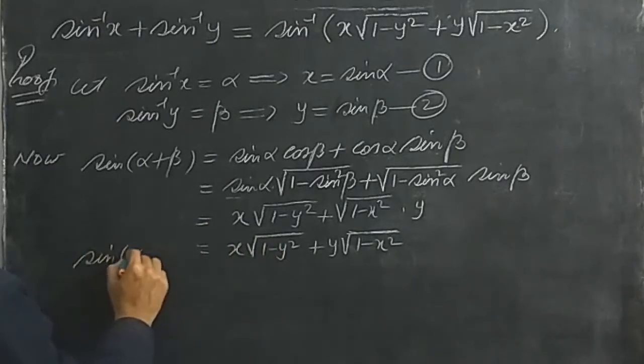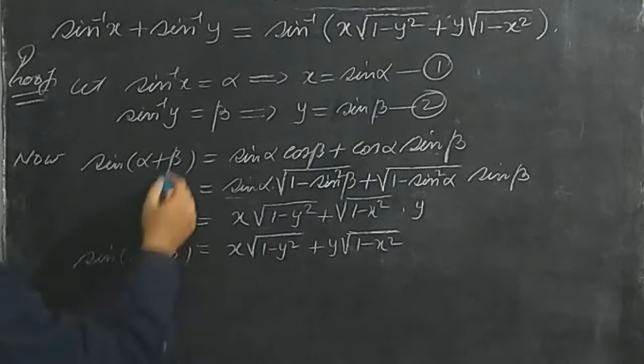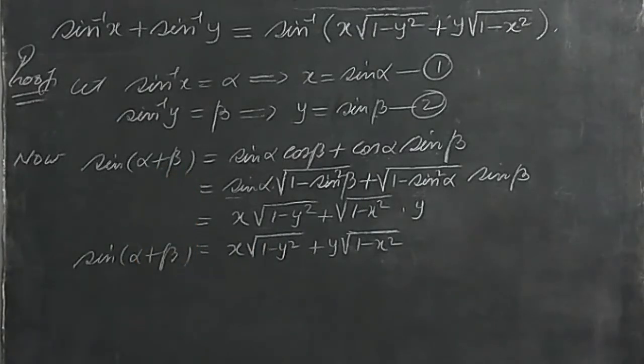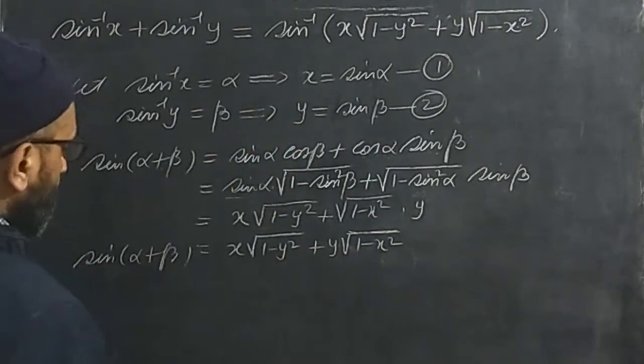So sine alpha plus beta, because left hand side is same, only we have simplified the right hand side.